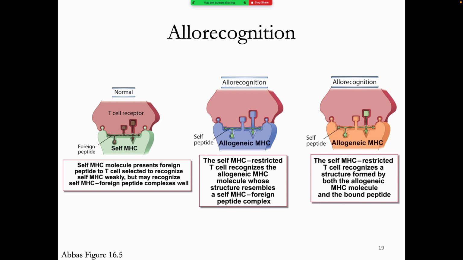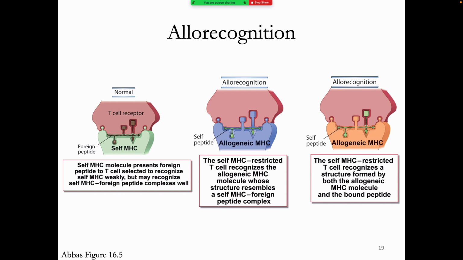However, if we had a different MHC that happened to have those same knobby ends, and itself had square amino acids, so now there are still squares, it's just that the squares are coming from the shape of the MHC, not the peptide. If the MHC happened to have square amino acids there, it could bind that surface and turn on that same T cell.